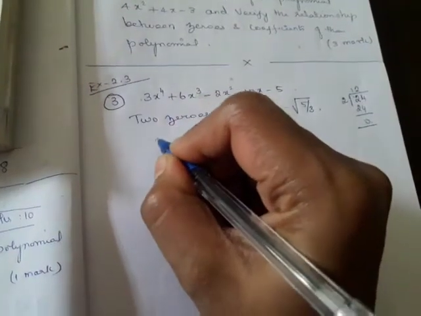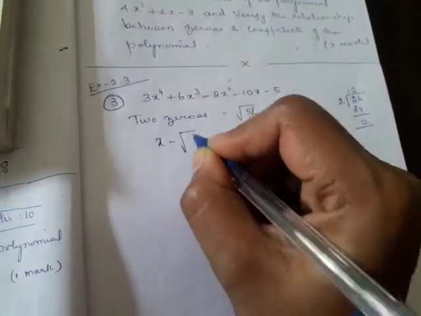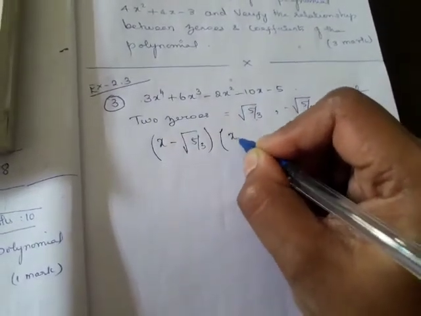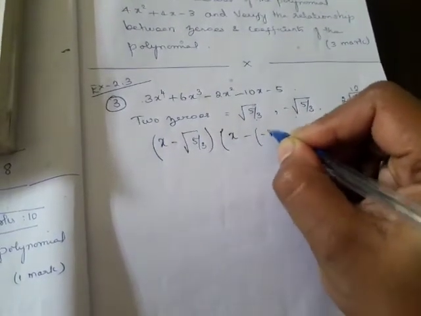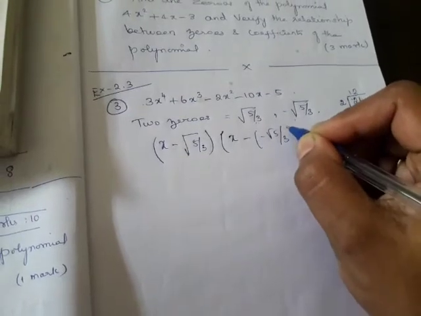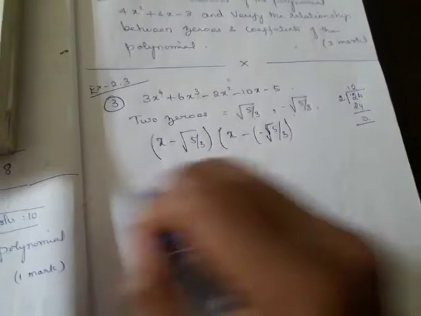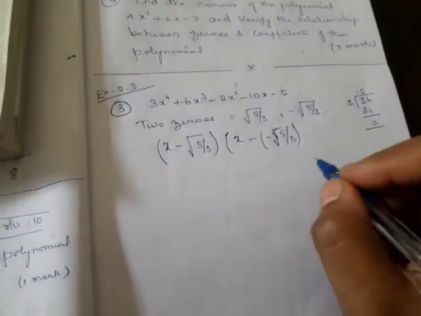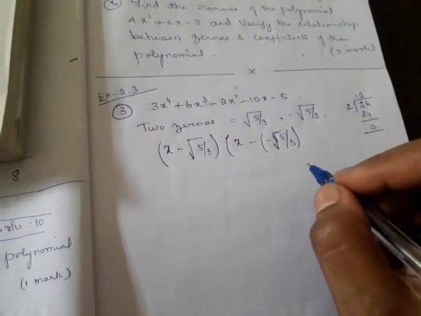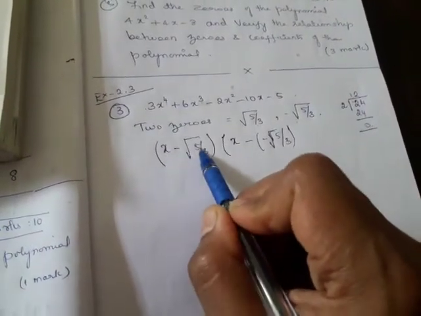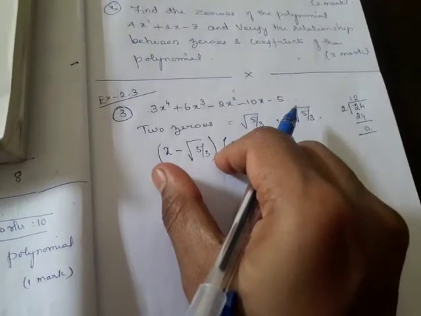How will you write? x minus square root of 5 by 3 is one factor, and another factor is x minus of minus square root of 5 by 3. Hope you remember. We have done this in splitting the middle term also. I told you, if I say x minus one particular value, this is called a factor.